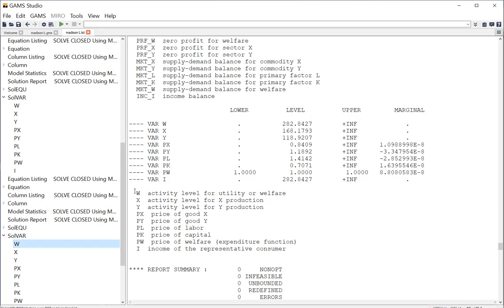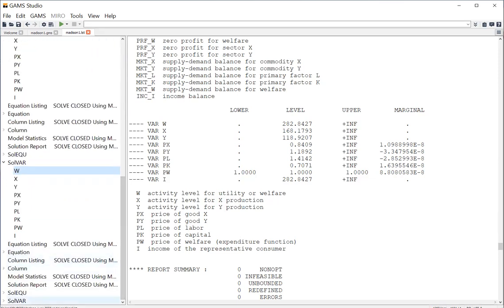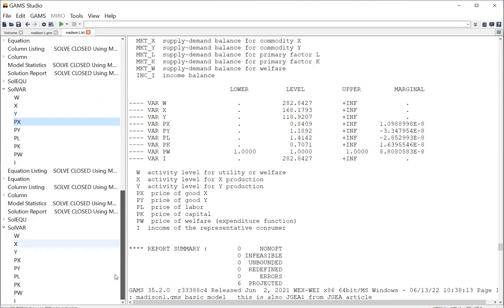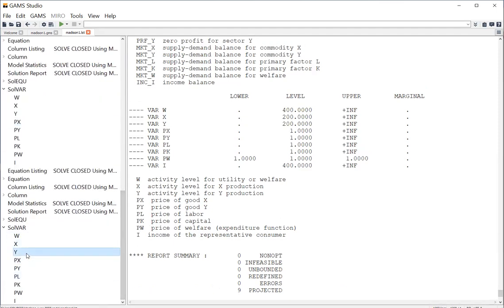We'll quit. And then testing this homogeneity idea, the last iteration was doubling both factor supplies, and because of all the homogeneity in the model, that should double all real values and leave all price variables unchanged.